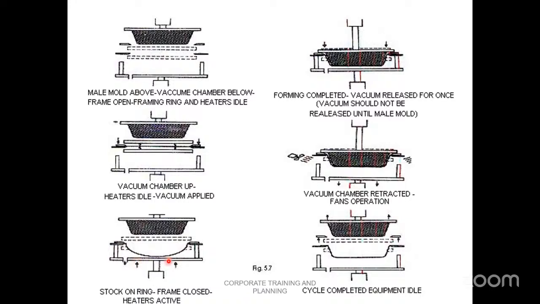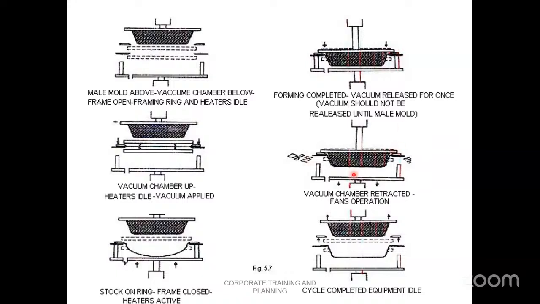Vacuum is applied here, and see now, the male mold is coming down here, friend. The vacuum should not be released here, friend, until the male mold comes down. Now see here, this male mold goes up with this article. It is getting formed here.